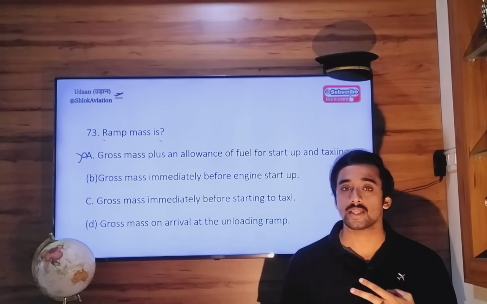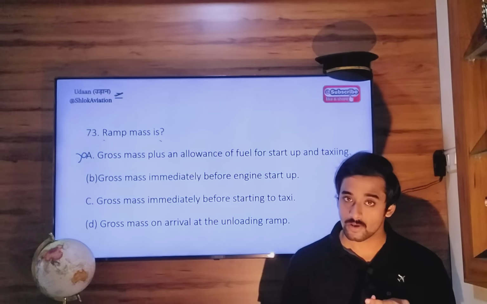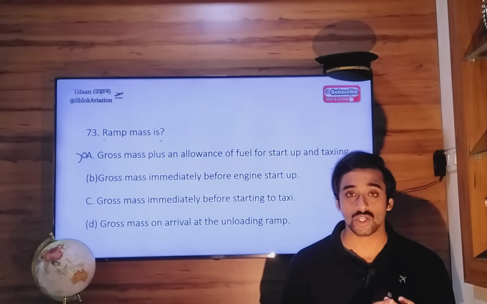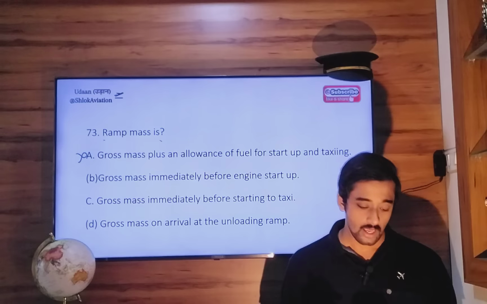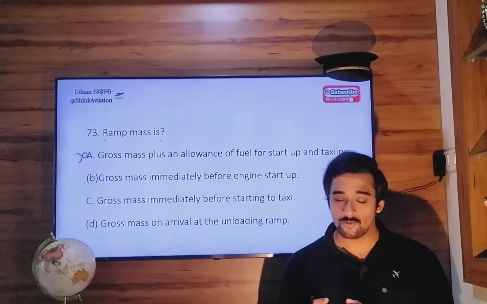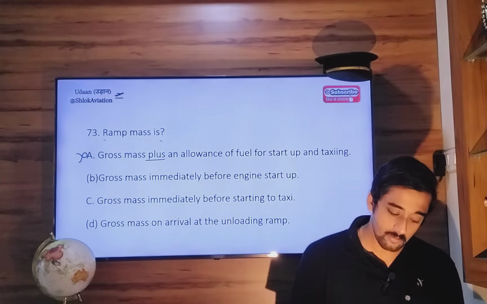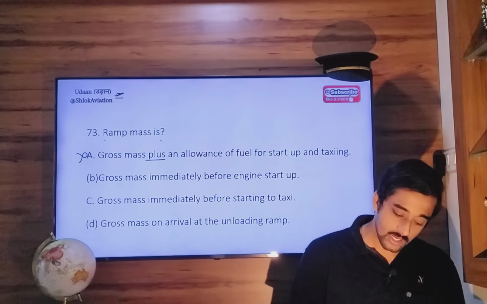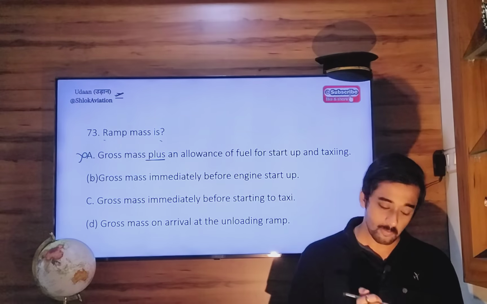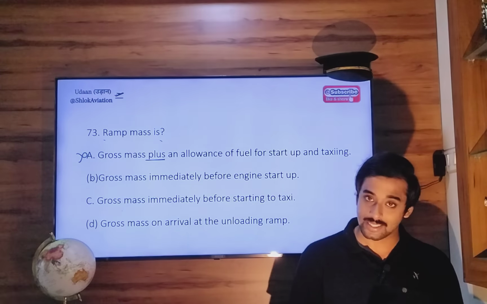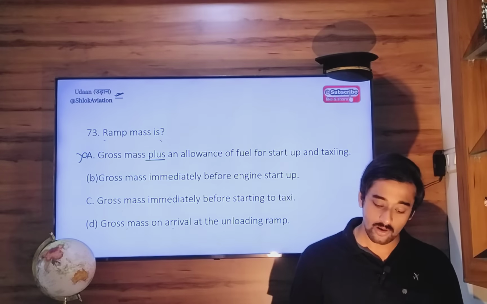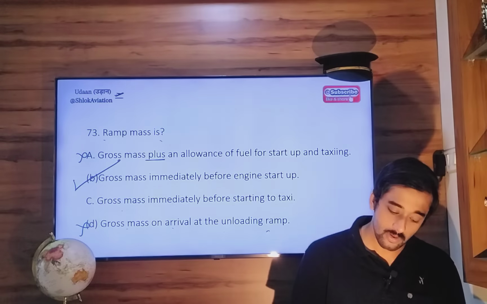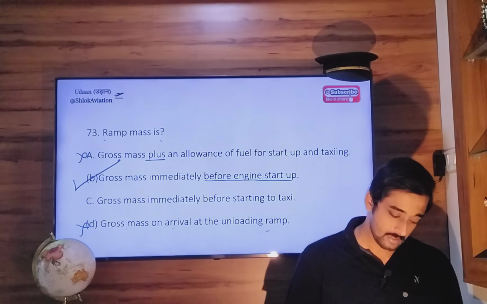Now this takeoff fuel is nothing but your trip fuel, right? Then alternate fuel, diversion fuel, contingency fuel, extra fuel, all that. So ramp mass is inclusive of that, so you need not add additional fuel for startup and taxiing separately. Gross mass immediately before startup, gross mass before taxiing, gross mass on arrival of the unloading run. That's wrong. So the correct answer is option Bravo, before engine startup.